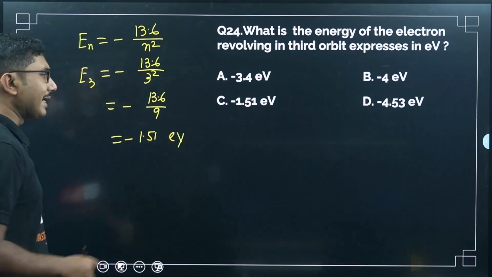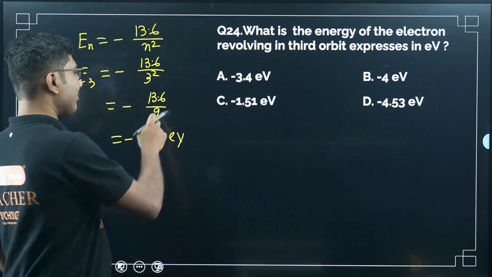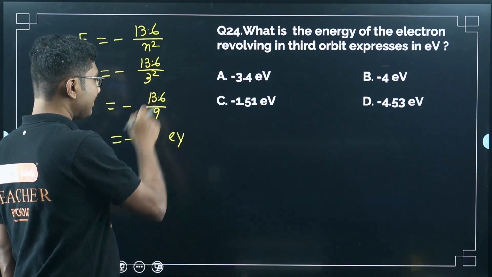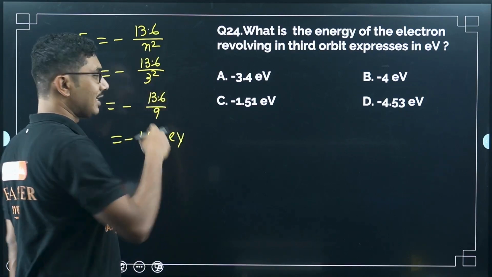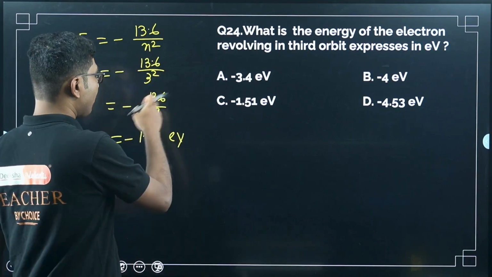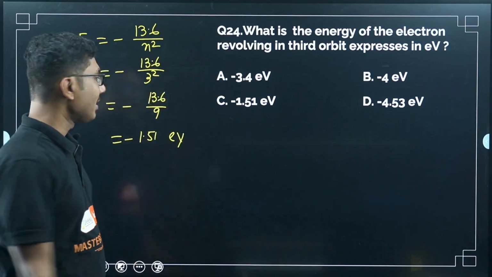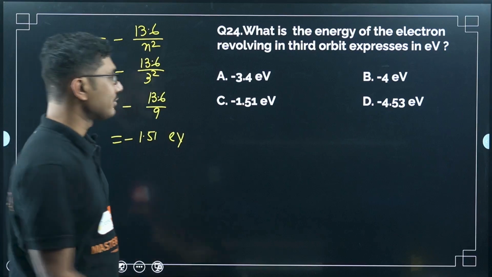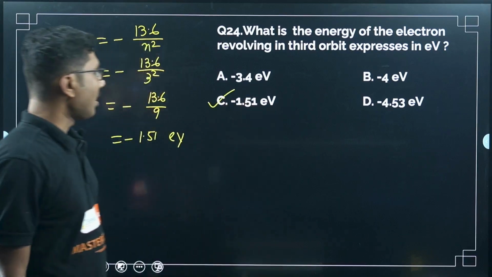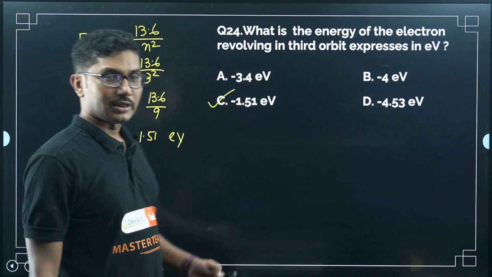You can calculate that, I already did it. 9 ones are 9, then decimal, 9 fives are 45, and you can do one more step. So the correct answer is minus 1.51 electron volt.